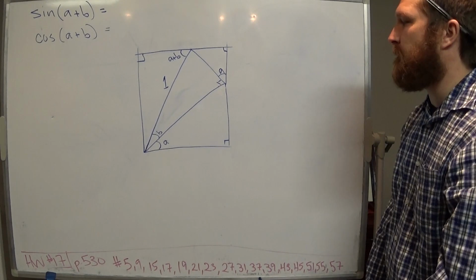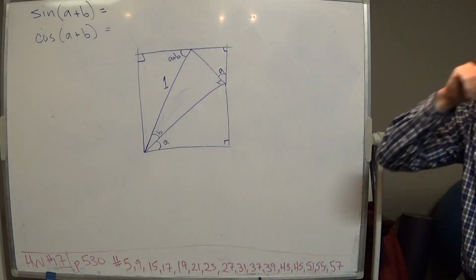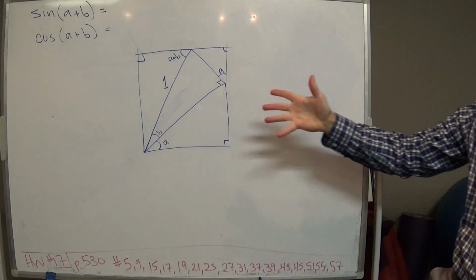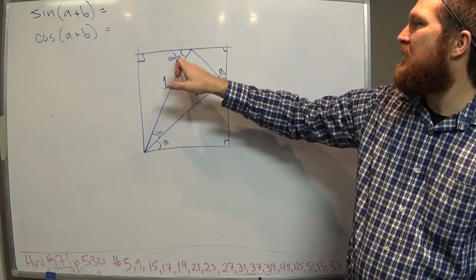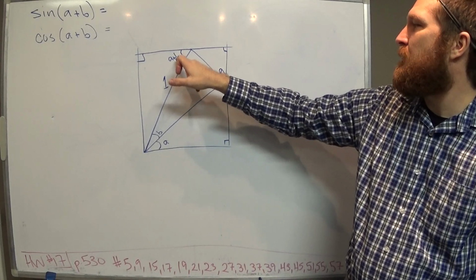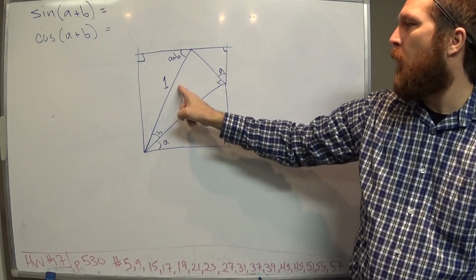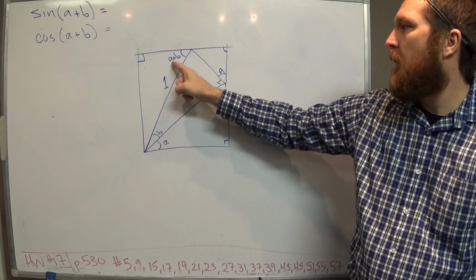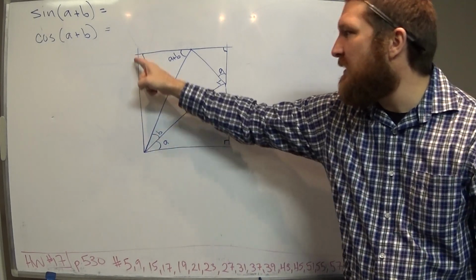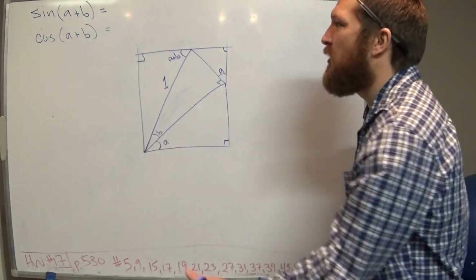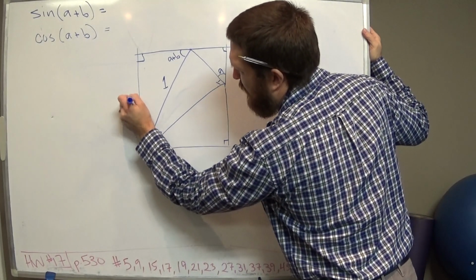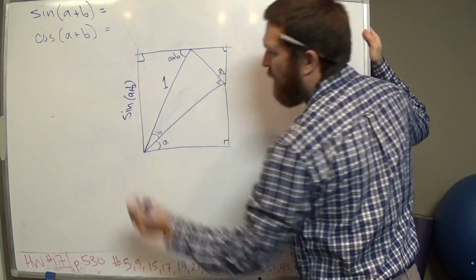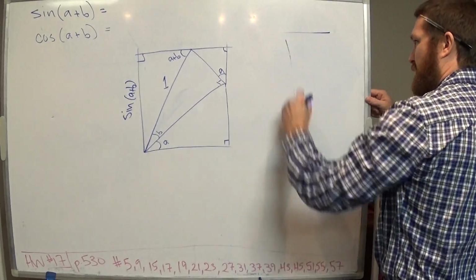Okay, so here's the thing. How's this going to help us get this? Well, let's just see. Sine A plus B would be opposite over 1, right? And we just did this, right? This length from here to here should be sine A plus B. Let's make sure of that.